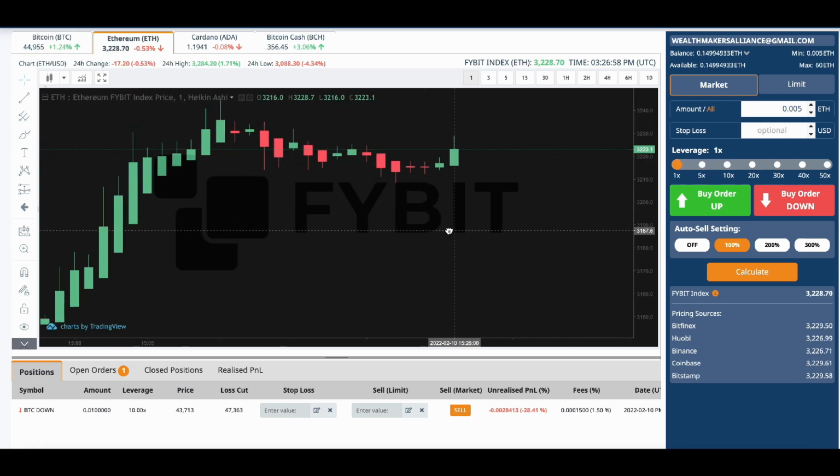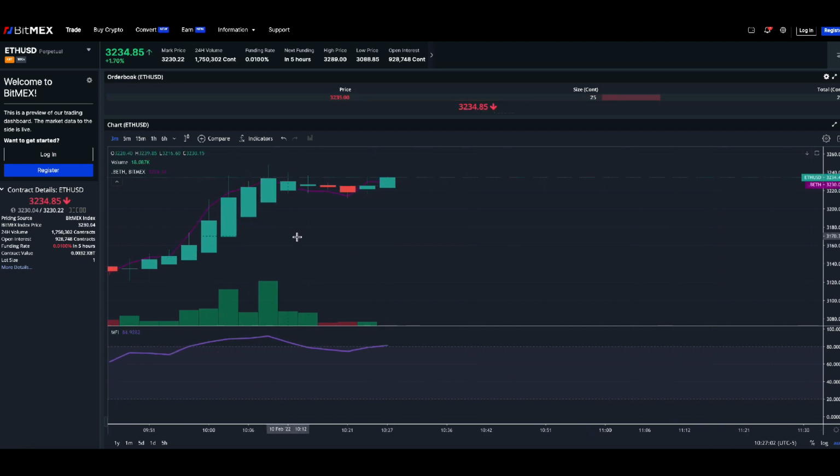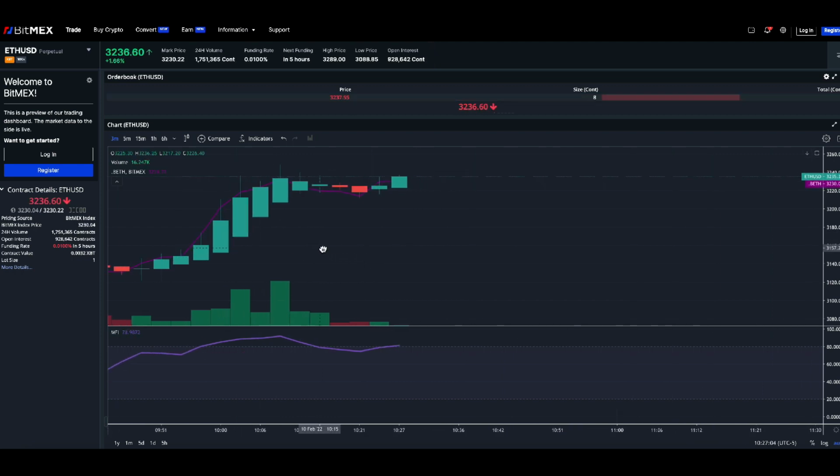Watch what happened over here. Let me get back and look at my direction. Direction is the most important thing in trading. You need to understand the direction, the volume, and the money flow, whether the money is flowing in or flowing out. You also need to understand the divergence, whether it is a bullish divergence or a bearish divergence.